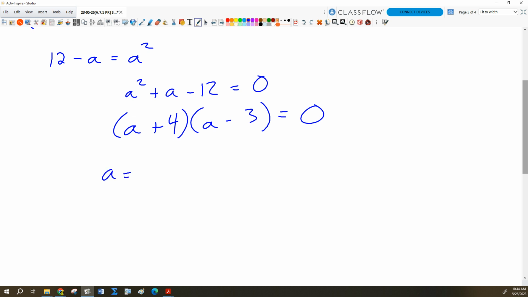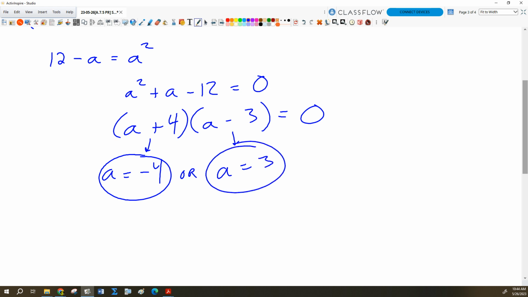So then what are my solutions? I'm going to have to check them, but what are at least my preliminary solutions? a equals -4. Okay, that's the zero by the zero product property, right? That's the solution of that guy, or a equals 3. And now I've just got to check those guys, right?